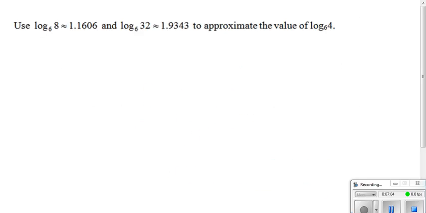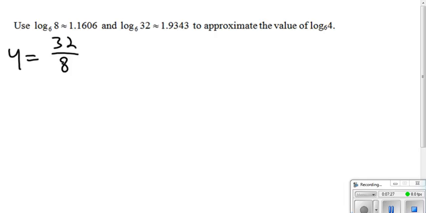All right, let's try that again. If we're given that the log base 6 of 8 is approximately 1.1606 and log base 6 of 32 is approximately 1.9343, and we need to approximate the value of log base 6 of 4. Well, we know that 4 is the same as saying 32 divided by 8.